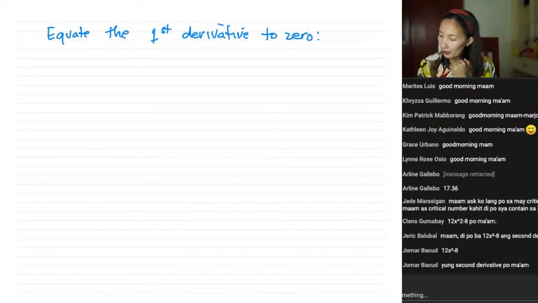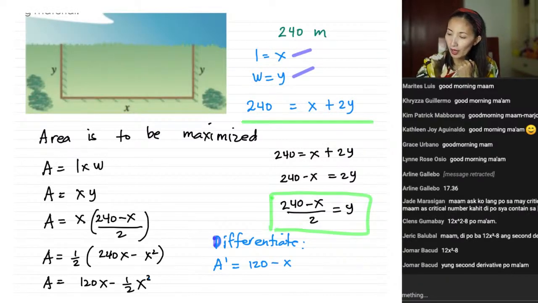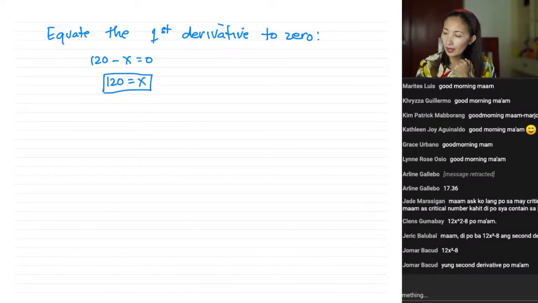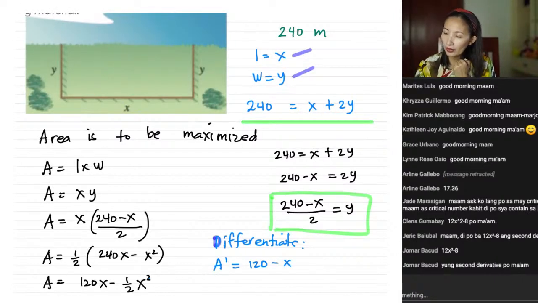So from the previous, we have 120 minus x equals 0. 120 is equal to x. Okay, what is x? x is the length. So we were able to find x already. x is equal to 120.